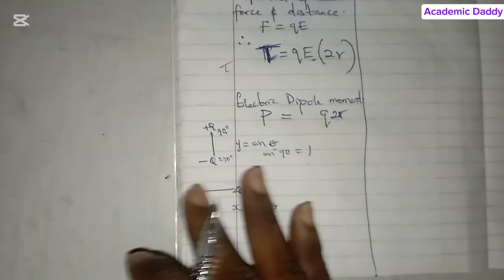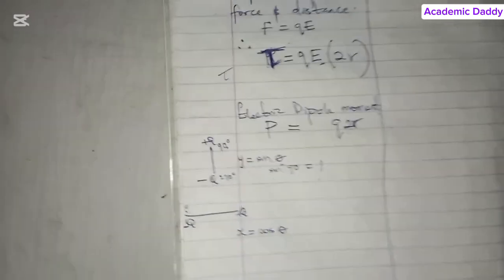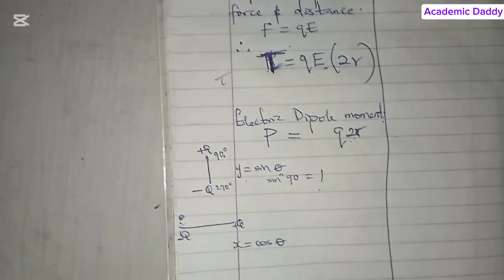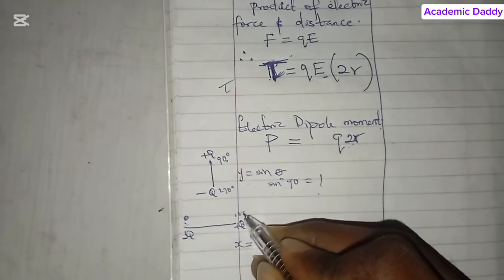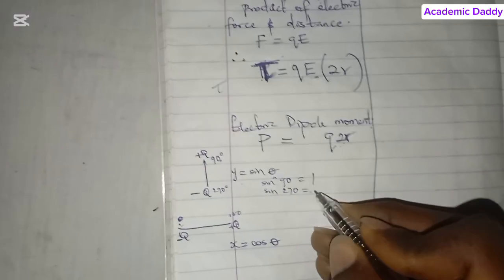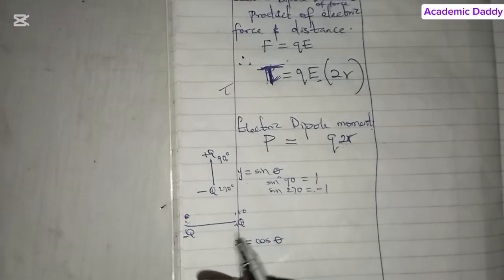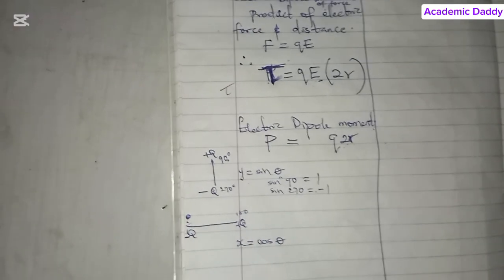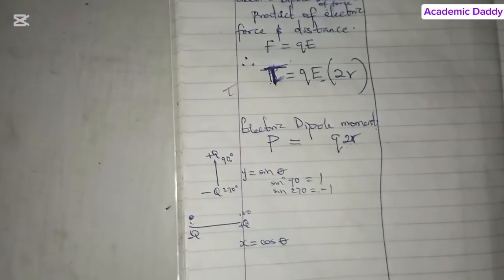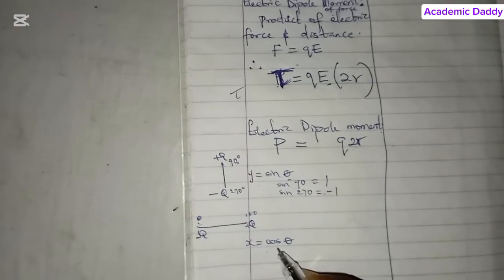Now, if I'm talking about this, the origin is 0. The origin here is 0. And this side is 180. So maybe let me do this, sine 270 equals minus 1. So now notice something. Cos 0, because when something is at x, we said it is cos.